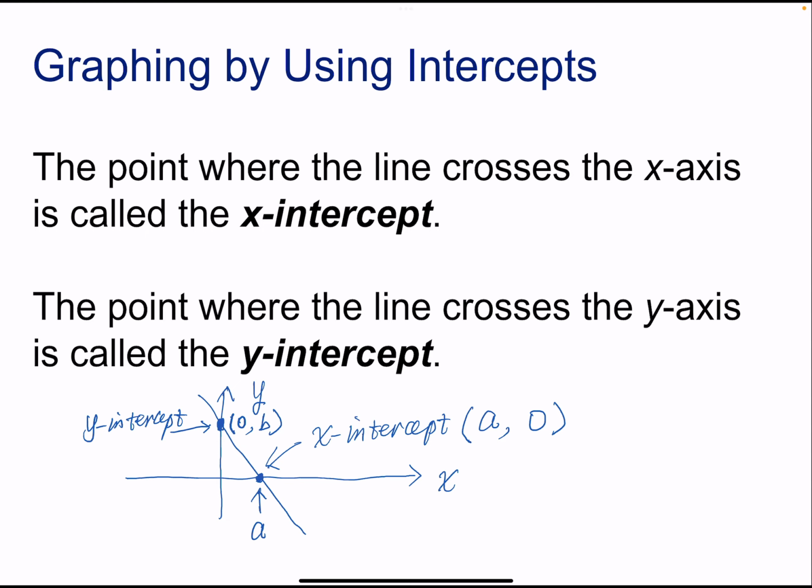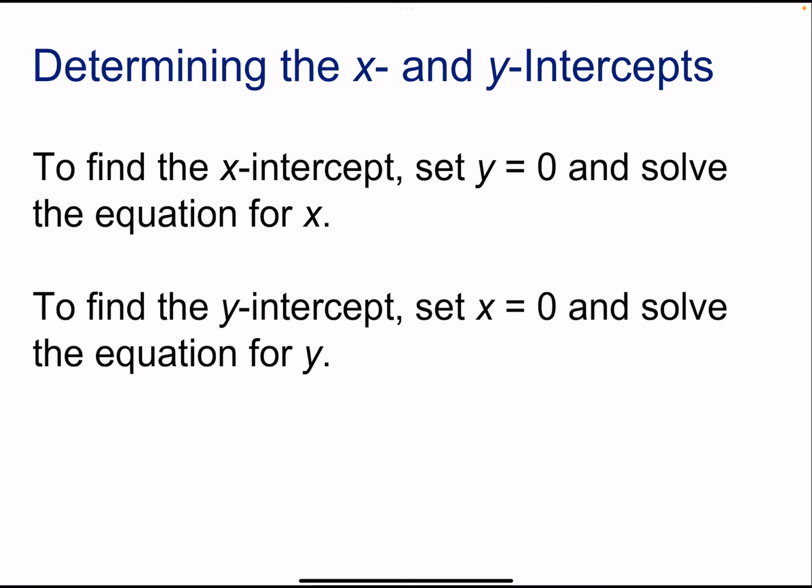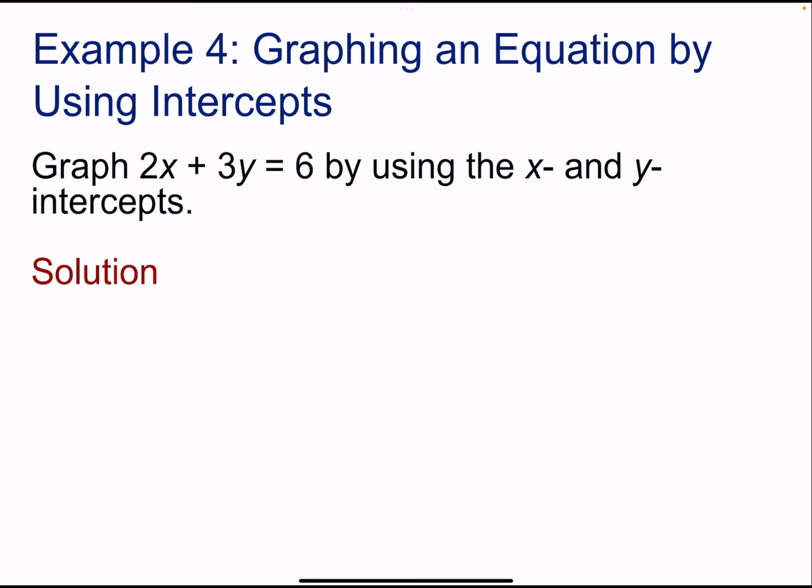Those are very special points. Since the x-intercept is on the x-axis, its y coordinate is 0, and that gives us a way to find where the intercepts are. To find the x-intercept, you set y equals 0. To find the y-intercept, you set x equals 0. Okay. Let's look at this example here.